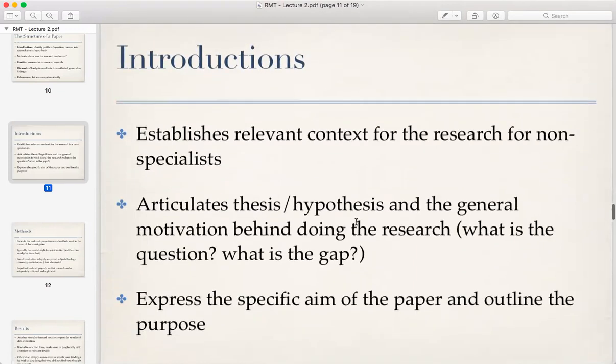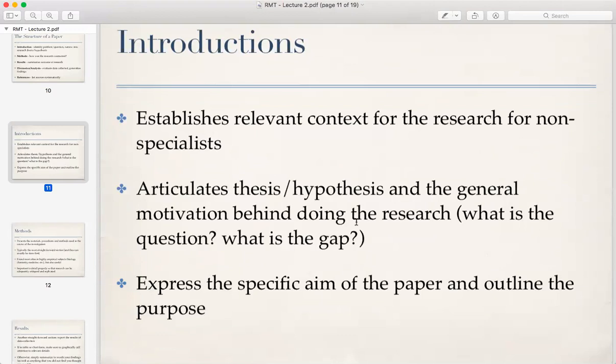So let's talk about the introduction. The key thing the introduction does is establish a context for the research for non-specialists, and every paper should strive for this within reason. If you're writing a business paper about the economic surpluses of a city or of a country, then in the introduction you should define your terms.